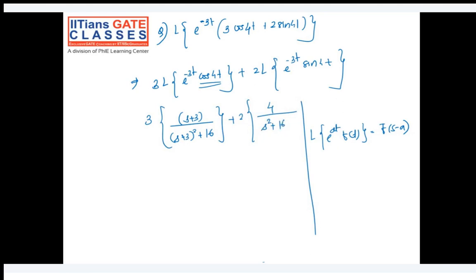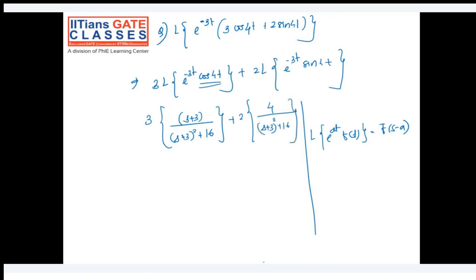But we are multiplying with e to the power minus 3t, so in shifting property, we should write s as s plus 3. So it will become again s plus 3 whole square plus 16.